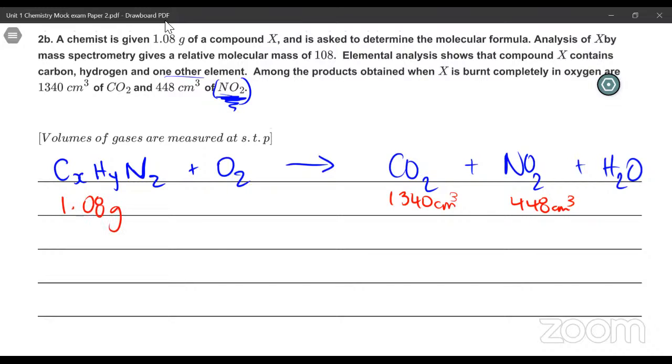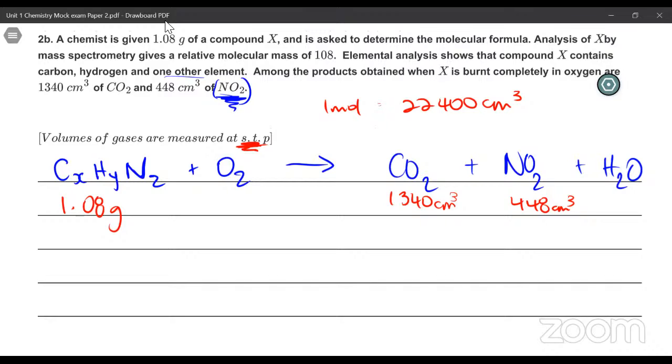So now you're basically heading towards mole ratios. First of all, seeing that the gases are measured at STP, pay attention to that. 1 mole of a gas by Avogadro's law would be 22,400 cm³, which is 22.4 dm³.